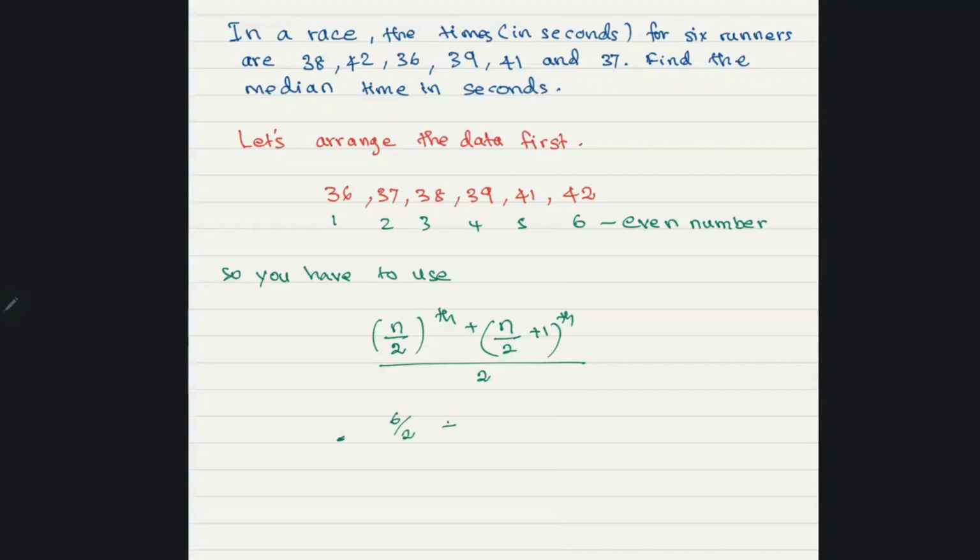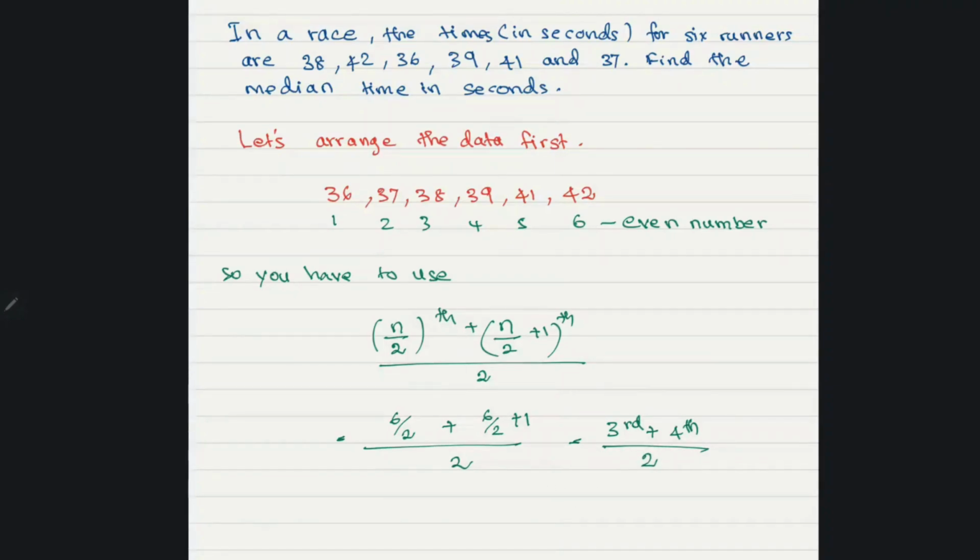So 6 divided by 2 plus 6 divided by 2 plus 1, and you have to divide them by 2. So third element plus fourth element.